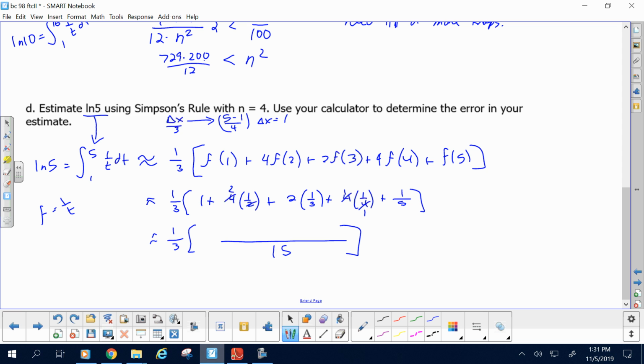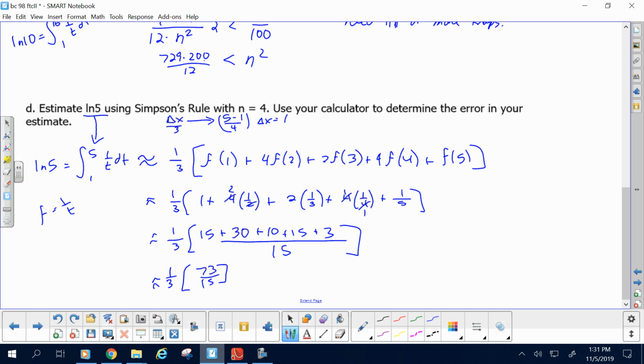So 1 you had to multiply by 15. 2 you had to multiply by 15 to get 30. 2/3 you had to multiply top and bottom by 5, so you get 10 there. 1 you had to multiply top and bottom by 15. And 5 you had to multiply top and bottom by 3. What is your total numerator? Do I agree? 45, 55, 73. I agree. 73 over 15.